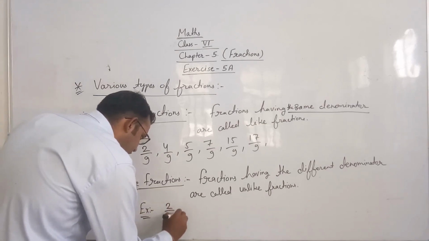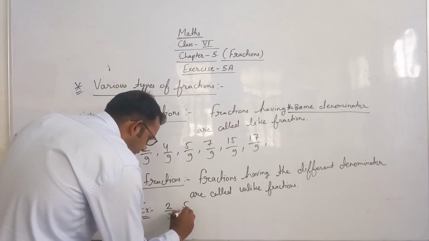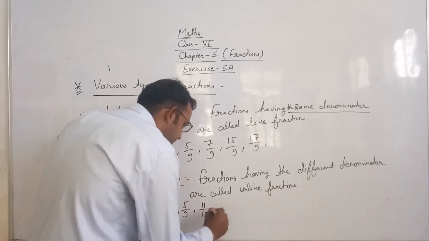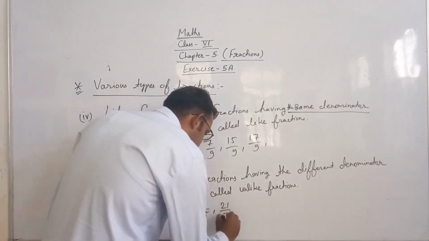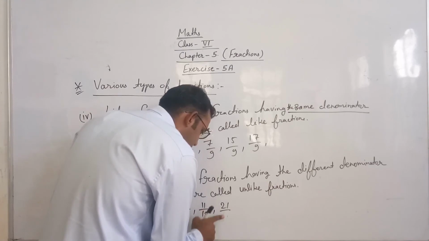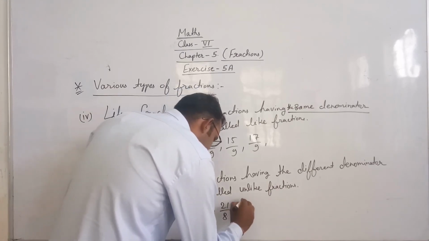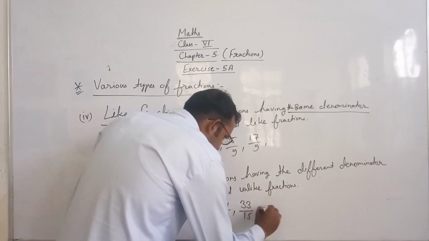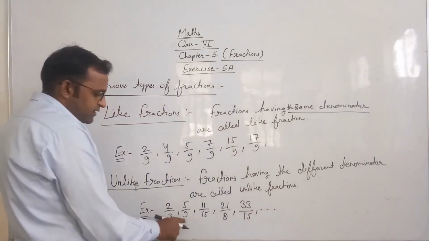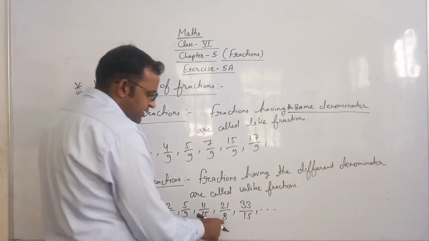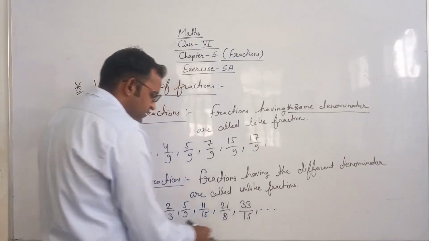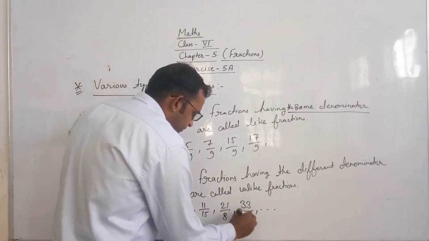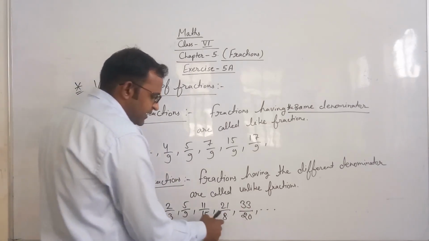2 upon 3, 5 upon 9, 11 upon 15, 21/8, 33/20. So denominators are 3, 9, 15, 8, 20.